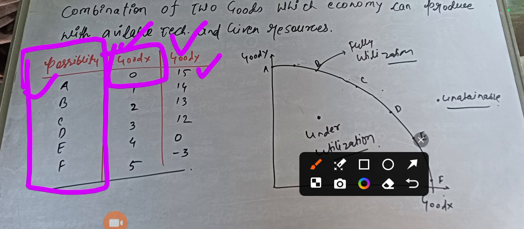That means we are using all the technology and resources only in good Y, not in good X. That's why here good X production is 0 and good Y production is 15.